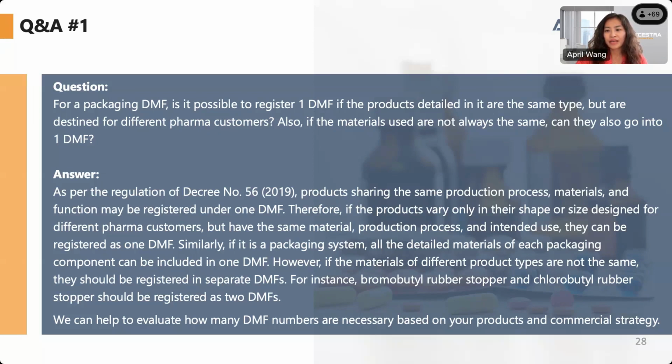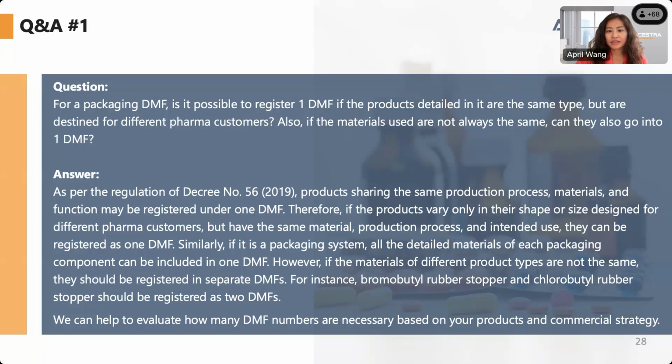Similarly, if it is a packaging system, all the detailed materials of each packaging component can be included in one DMF. However, if the materials of different product types are not the same, they should be registered in separate DMFs.